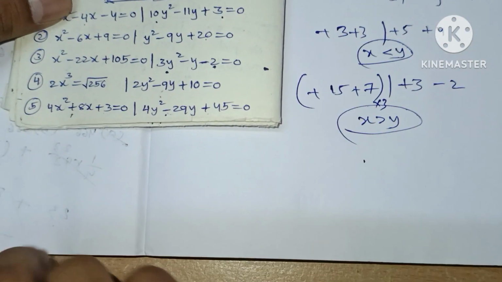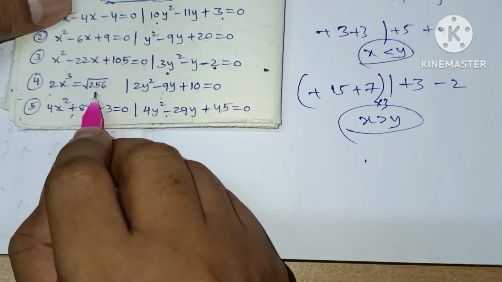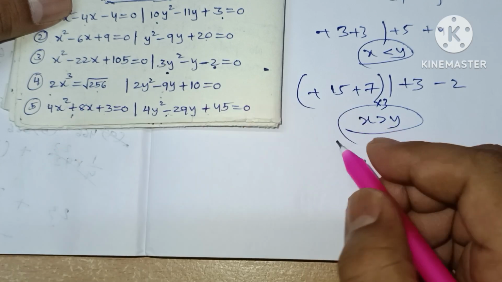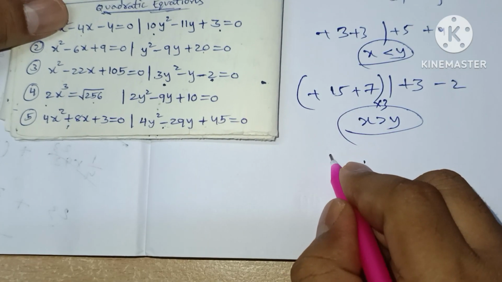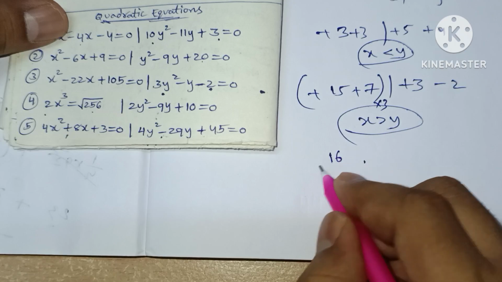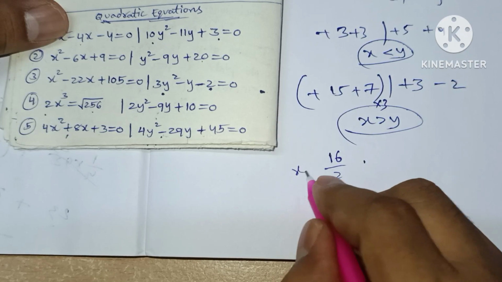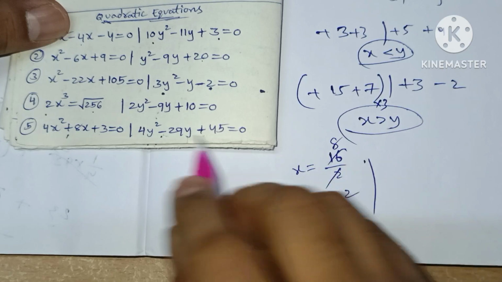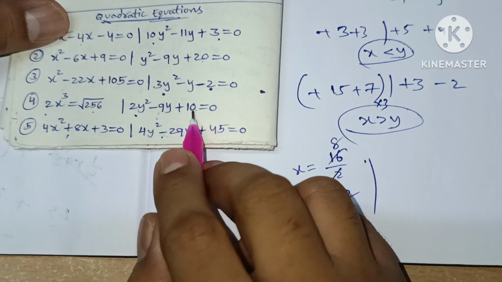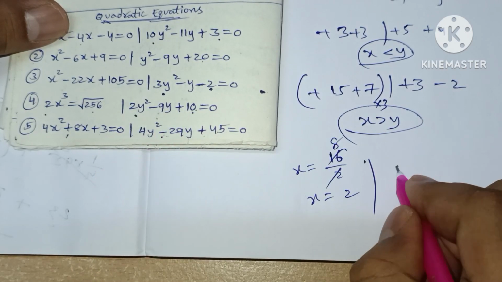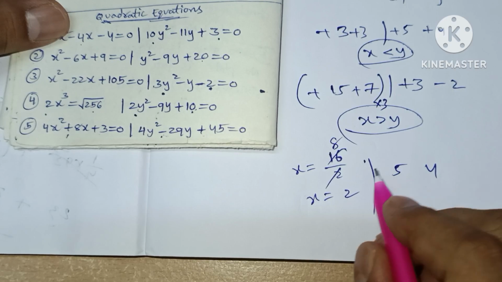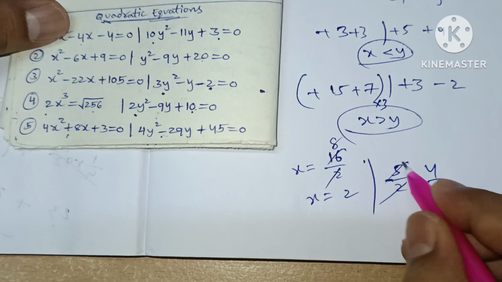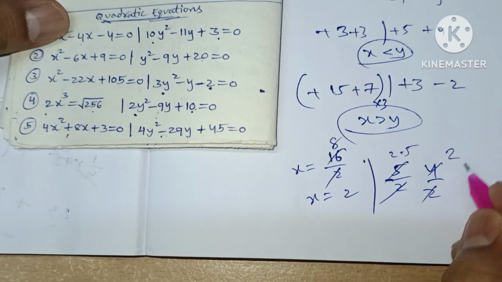Next one, 2x cube equals to root over 256. Root over 256, which is nothing but 16 divided by 2 8 times. So x will be 2 and here it is 20, means 5 4 times divided by 2 which will be 2.5 and 2.